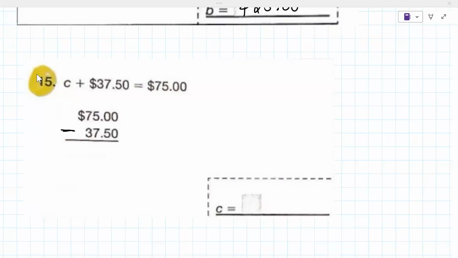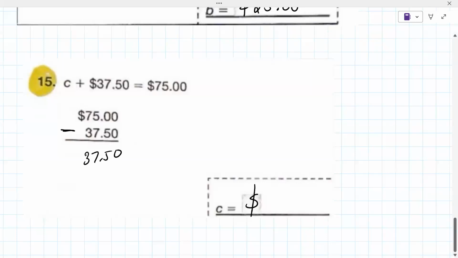All right, any questions on how to do this with the borrowing? No. Okay, I got it. Okay, what is your answer? $37.50.